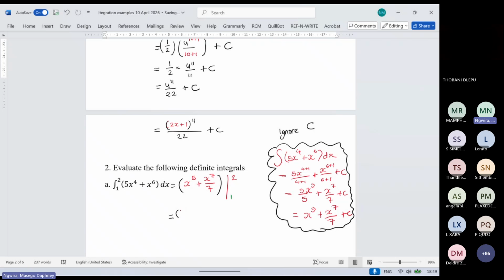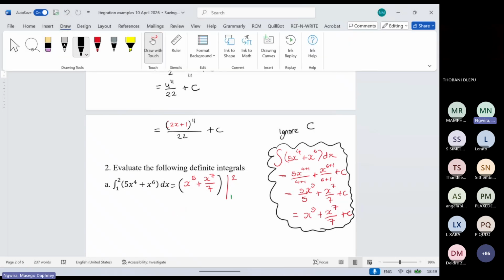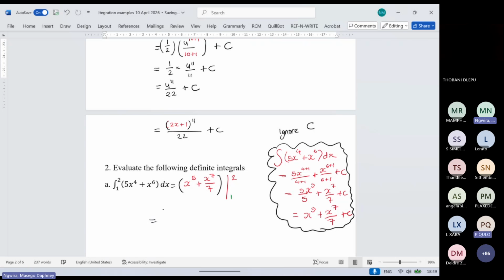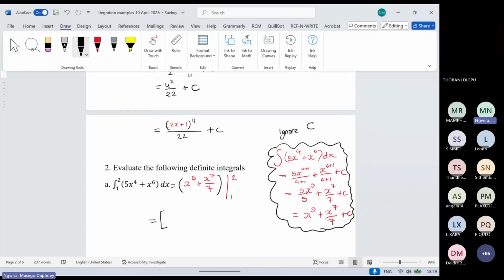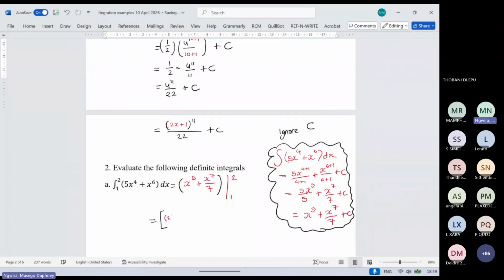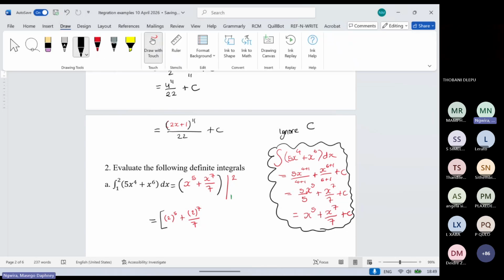I need a bigger bracket, so I'm going to use a square bracket. My x is 2, so this will be 2 to the power of 5, then plus 2 to the power of 7 over 7. And then we minus.